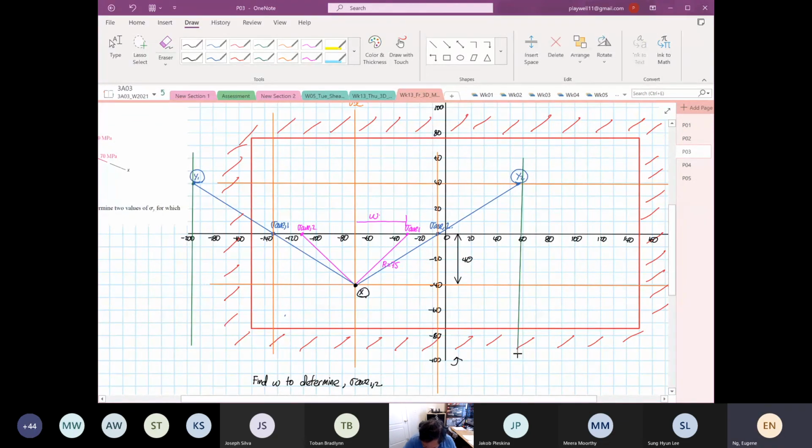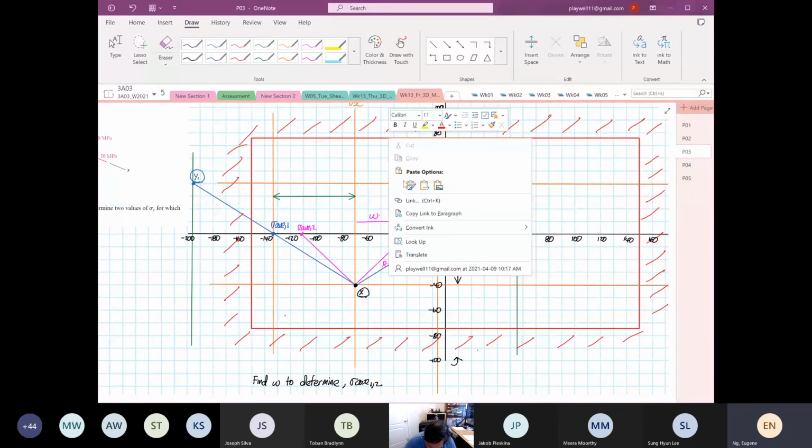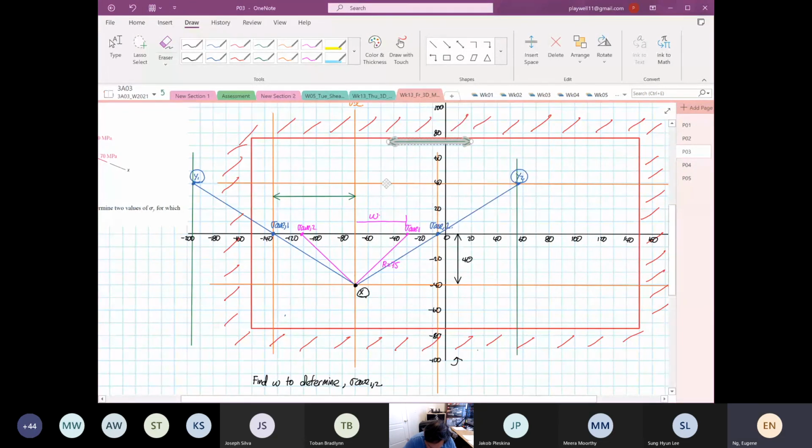So what I want to highlight is this: how do we calculate the stress in the Y1 and Y2? If you look at this distance over here, we know this distance, right? And this distance, if I construct it properly, is also equal to the distance to the center of the circle.